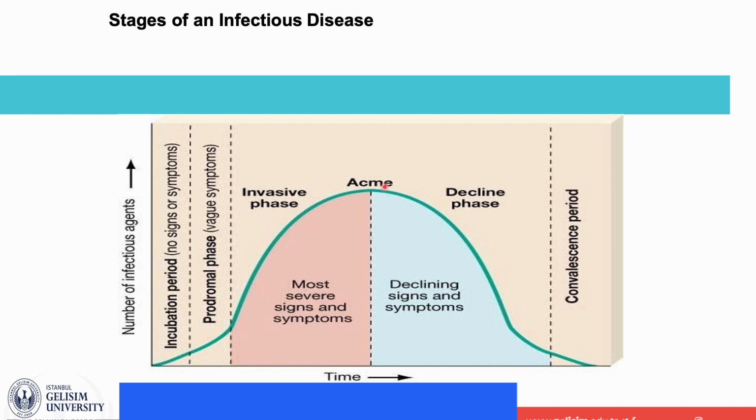Then you get to the midpoint, which we call the acme. And then there's the decline phase, where the number of cells starts to decrease. And then there's the convalescence period, meaning that the pathogen is nearly gone. Now you're recovering.